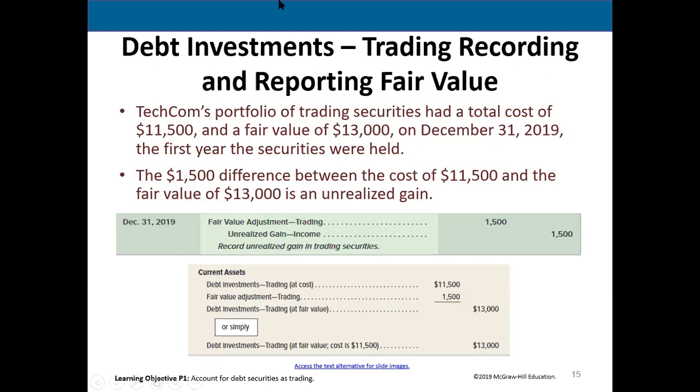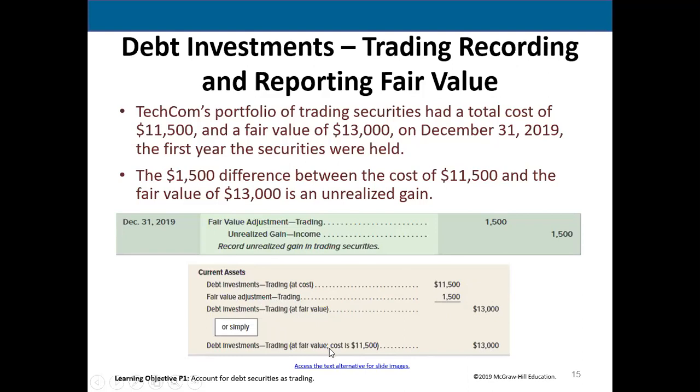Now you can see when I report current assets on December 31st, there's two ways of doing this. You could show the full enchilada on your balance sheet. Debt investments at cost plus the fair value adjustment account gives me my debt investment at its fair value. Or you could just simply write debt investments trading under your current assets at fair value, $13,000.